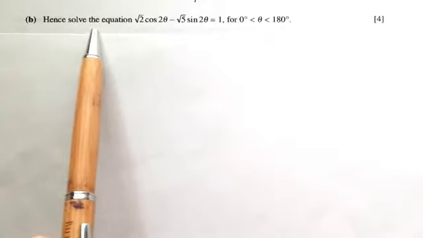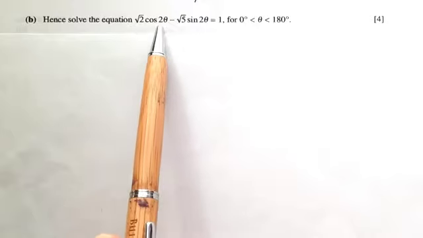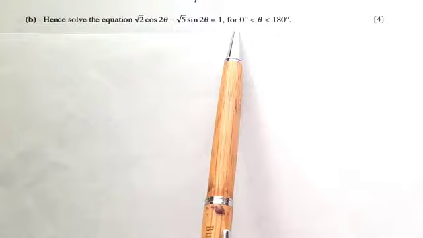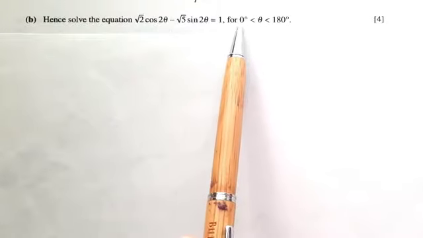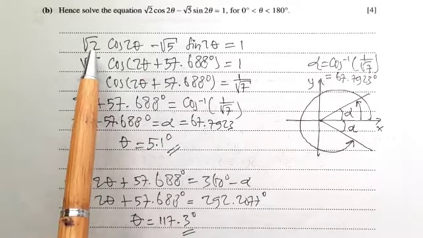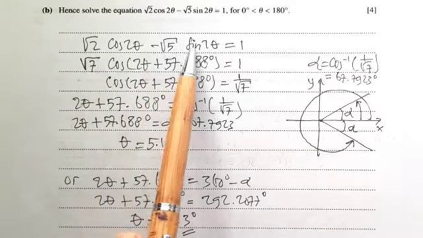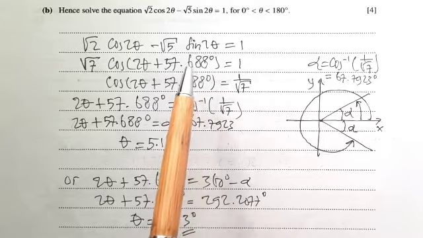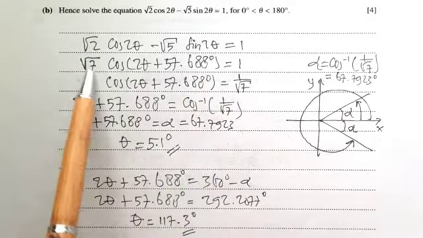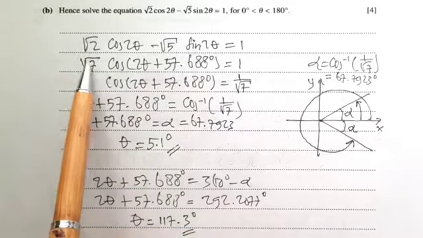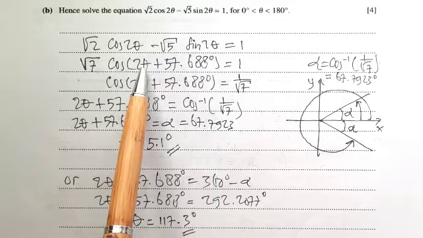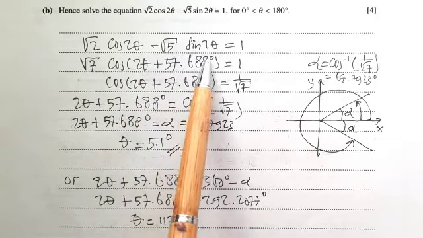Question B: hence solve the equation square root of 2 cos 2 theta minus square root of 5 sin 2 theta equals 1 for theta between 0 and 180 degrees exclusive. This has been obtained before, so this equals square root of 7 cos(2 theta + 57.688 degrees) equals 1.